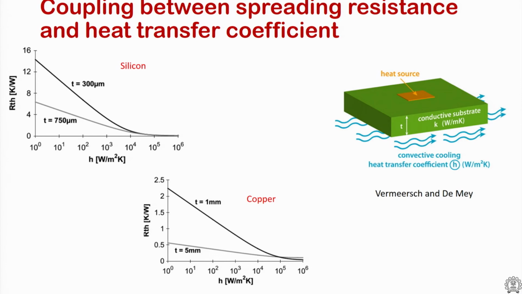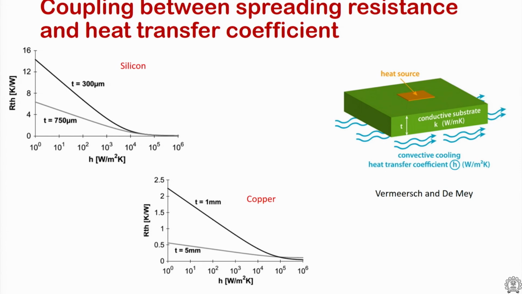The heat transfer coefficient varies from 1 watt per meter square Kelvin all the way to 10 to the power 5 watts per meter square Kelvin. You achieve on the order of 10 to the power 5 watts per meter square Kelvin using boiling type heat transfer, but 1 to 5 watts per meter square Kelvin is often achieved in natural convection cooling systems.